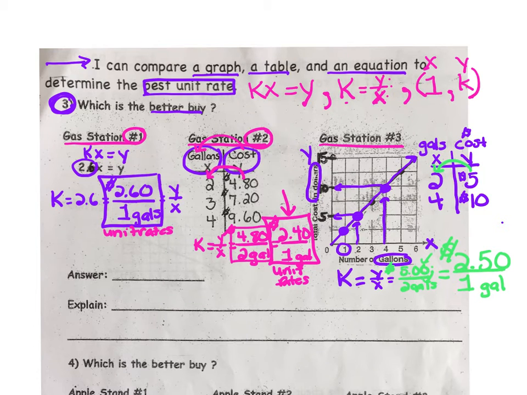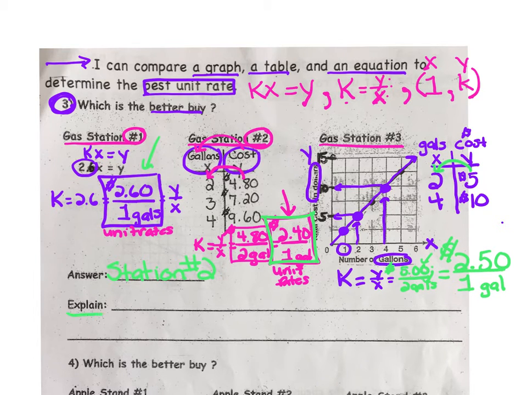So, all things equal, we can say gas station number 2 has the better buy. Gas station number 1 has the most expensive gas of all 3. So on the line, we will write station number 2.